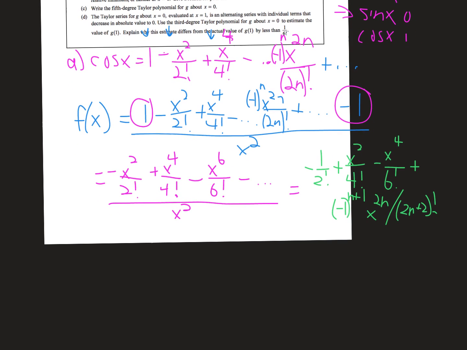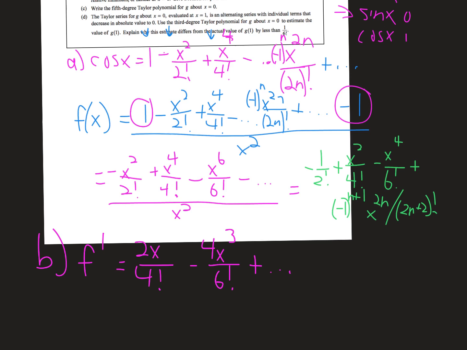So for part B, that's f. So f prime equals 2x over 4 factorial minus 4x cubed over 6 factorial. I think this is how you guys would think of it, and then I'll talk about another way.